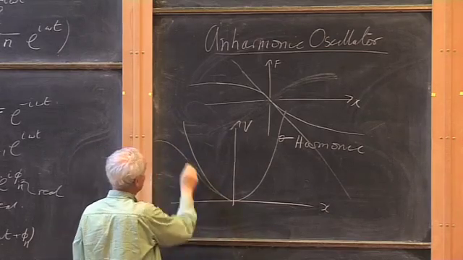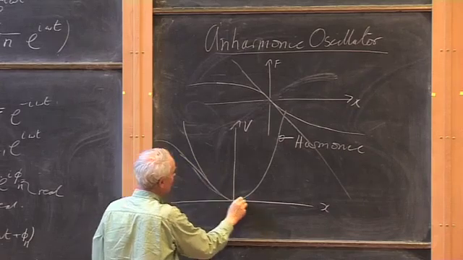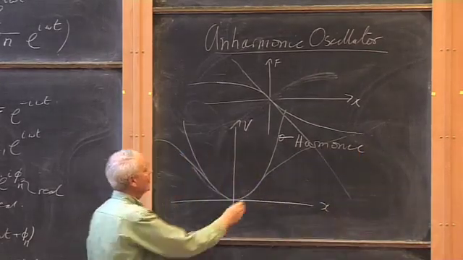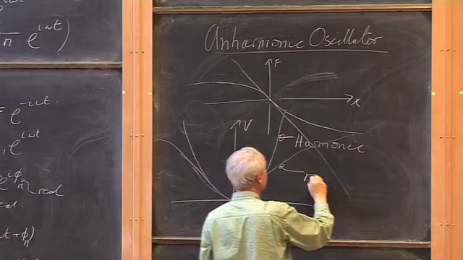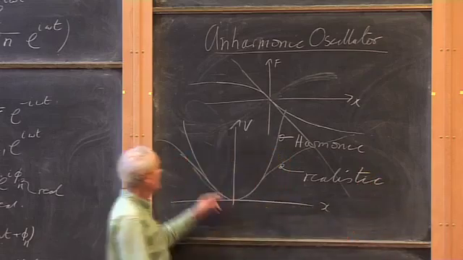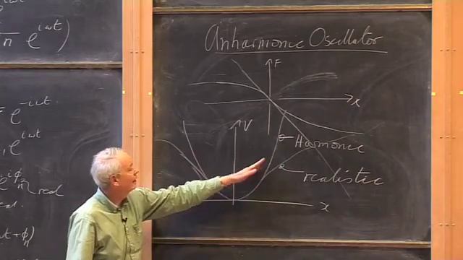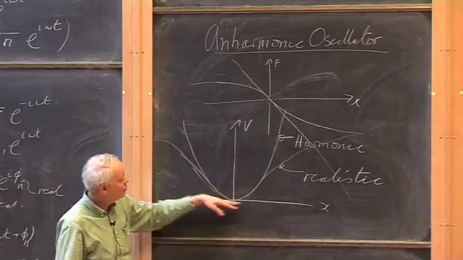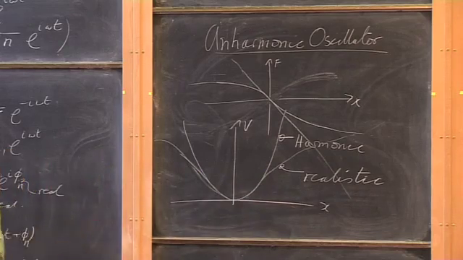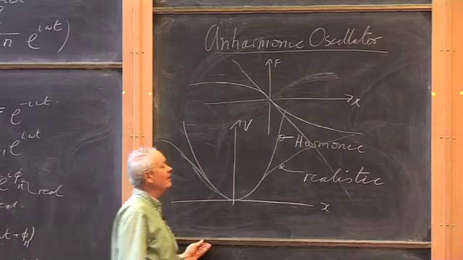Sorry, I need to draw it so it becomes tangent to this, and then disappears off like this. So this is a more realistic curve. And the harmonic oscillator is a good model if the parabola is tangent to the realistic curve over a decent range. That's the main idea.